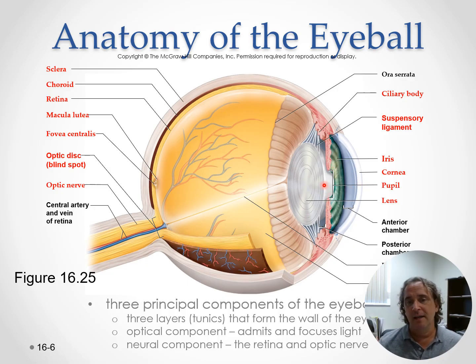But right after light goes through your pupil, it's going to hit the lens. And the lens is going to be held in there by suspensory ligaments, which are going to be held in by ciliary bodies. And the easiest way to do this, and how quickly does your eye accommodate to near and far? Look at a pen, look far away.